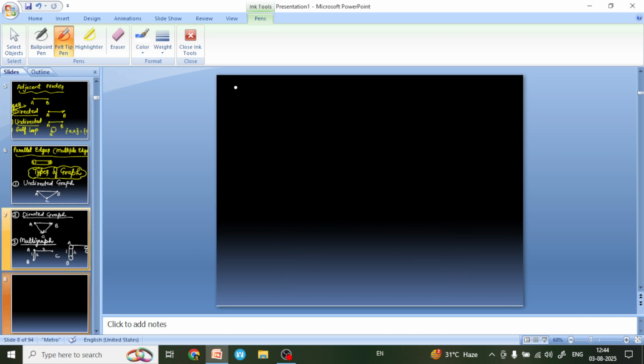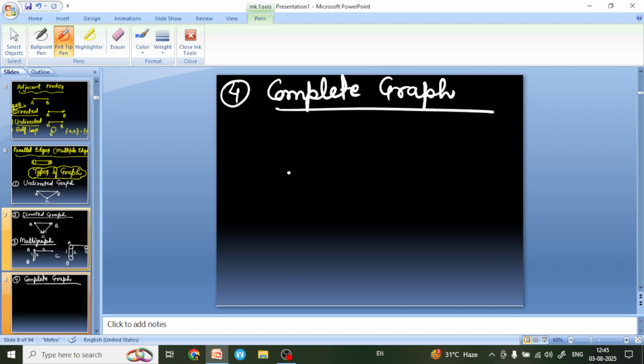And now next type is complete graph. A regular graph need not be complete, but every complete graph is a regular graph.